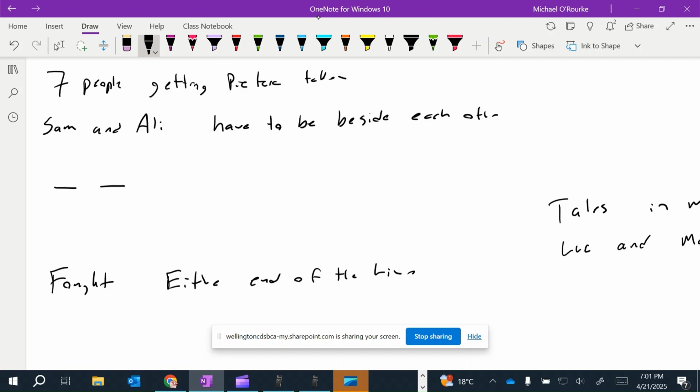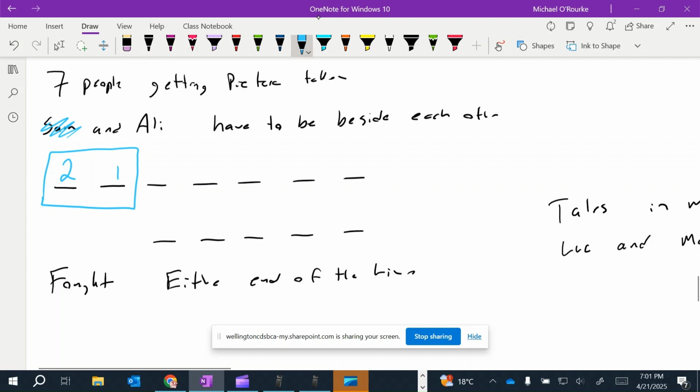So here's your answer. 1, 2, 3, 4, 5, 6, 7. So they have to be beside each other, so we're going to box them up. Now I didn't say who's first, who's second, so that means there's 2 options to go first. Let's say Sam goes first, then Allie goes beside. And I didn't tell you they have to be anywhere in particular, so we're going to treat them as one person.